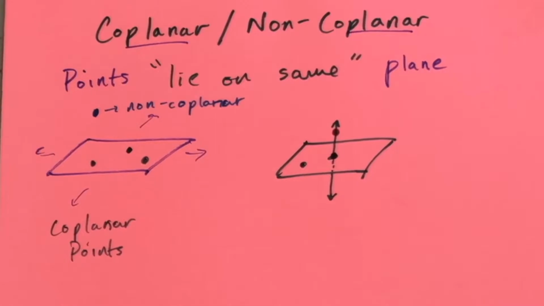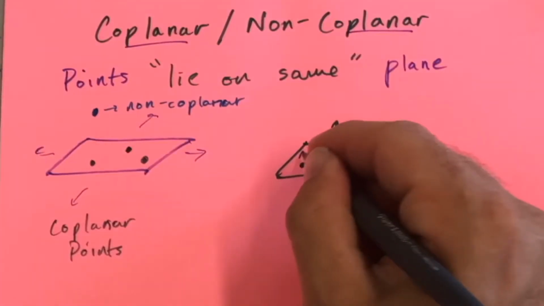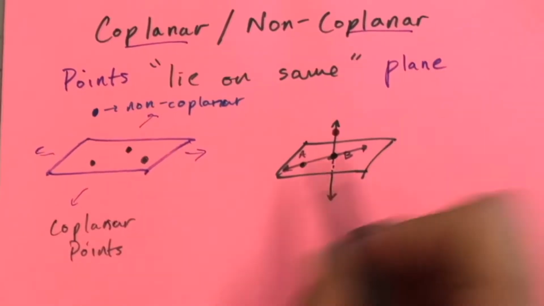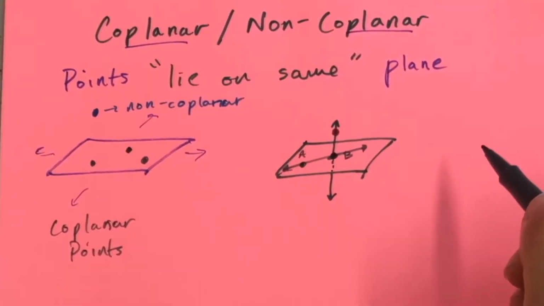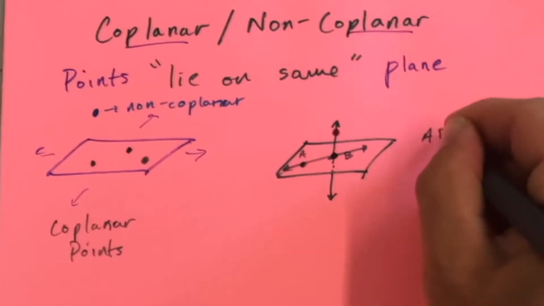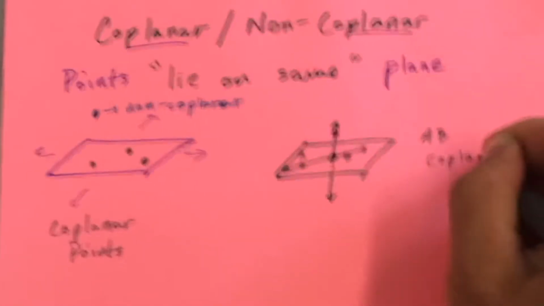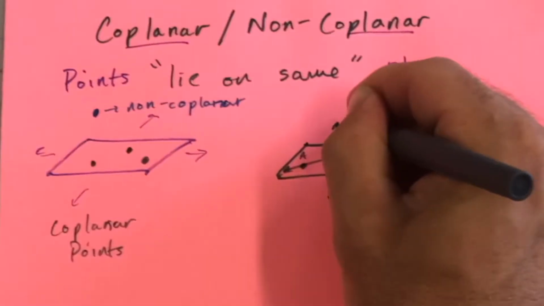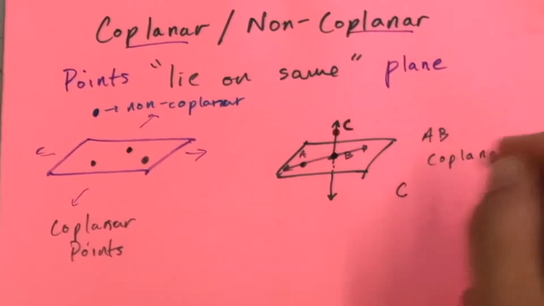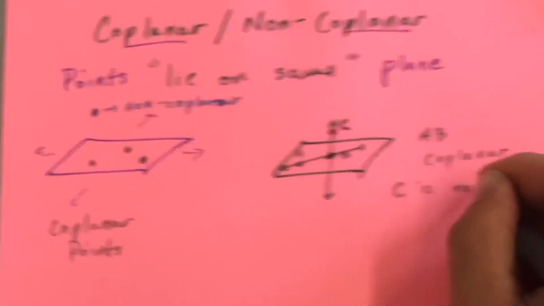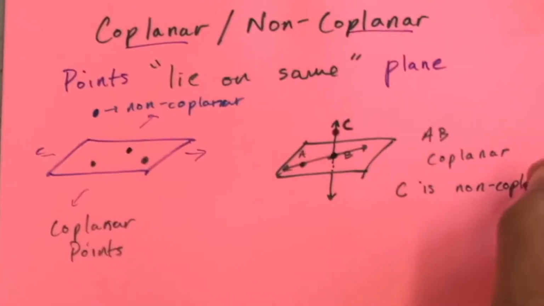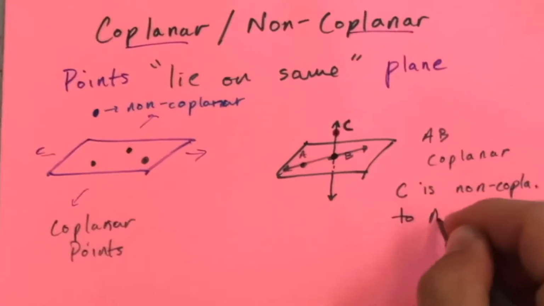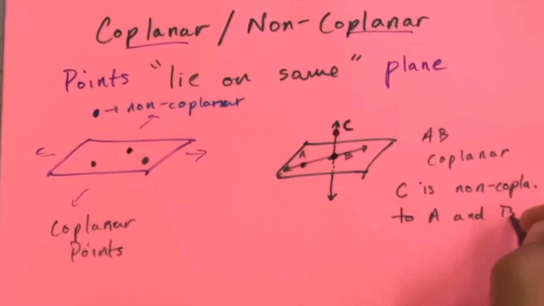I could say that these 2 points, let's say A and B, because they're on the same plane, I could say A and B are coplanar. And let's say we had this point here, C. I could say C is non-coplanar. I'll abbreviate that. Non-coplanar to A and B.